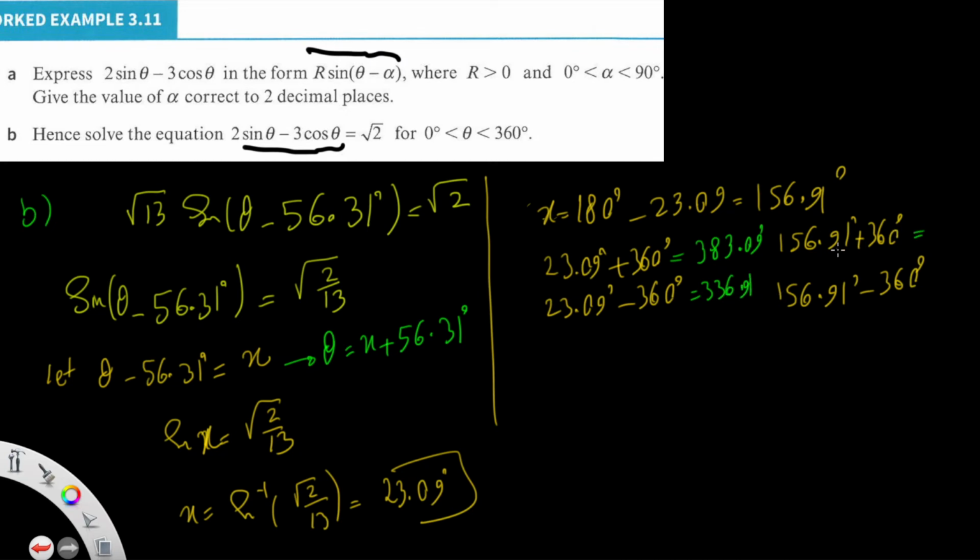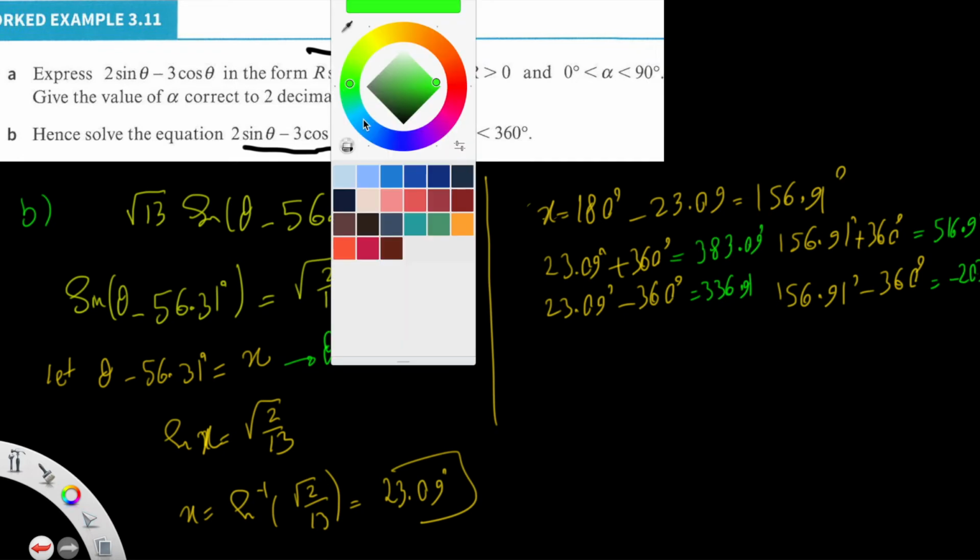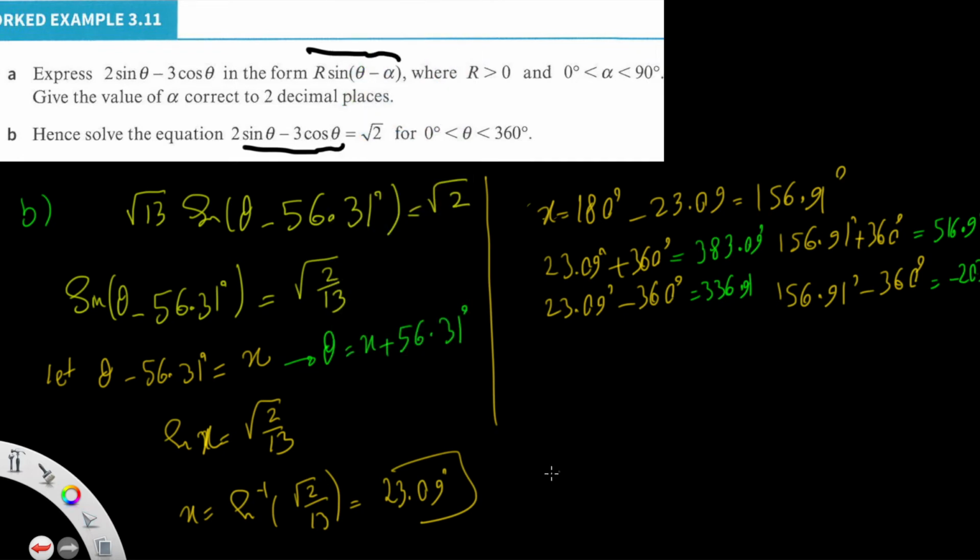Here 156.91 plus 360 is 516.91. Then 156.91 minus 360 is negative 203.09. Now these are the values of x.